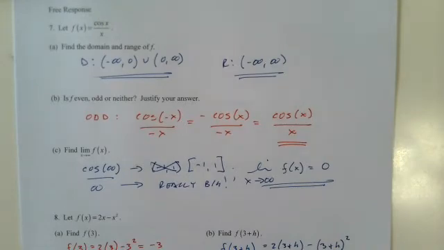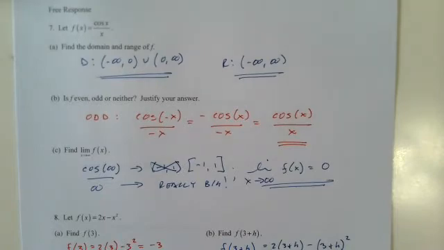I guess we should put the negative h squared first.